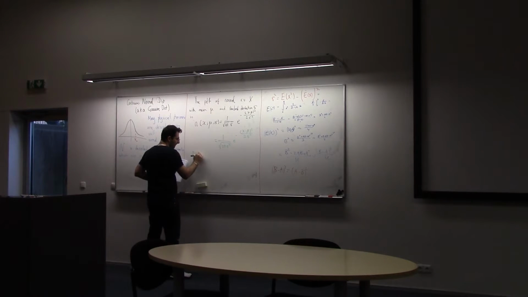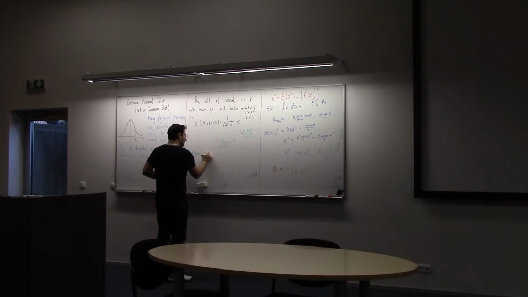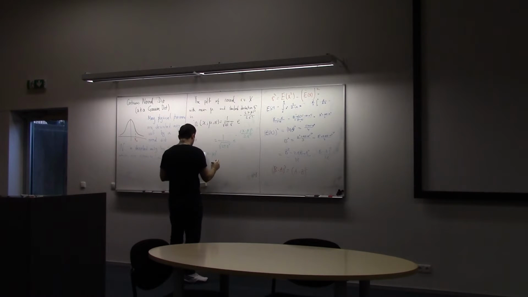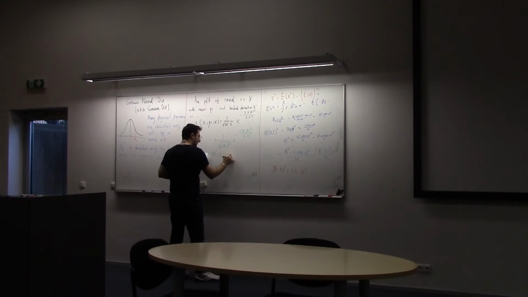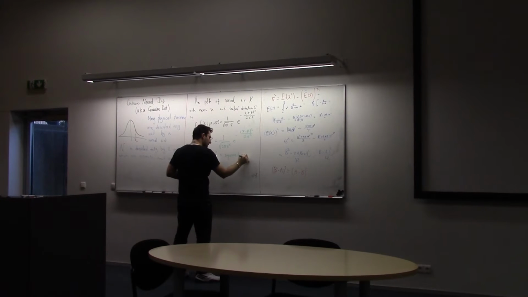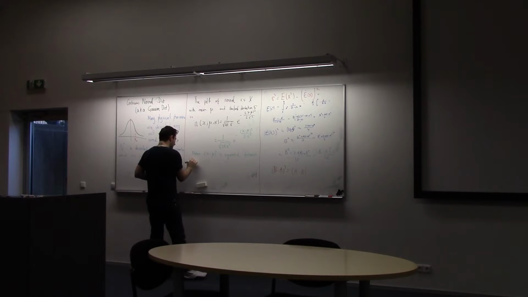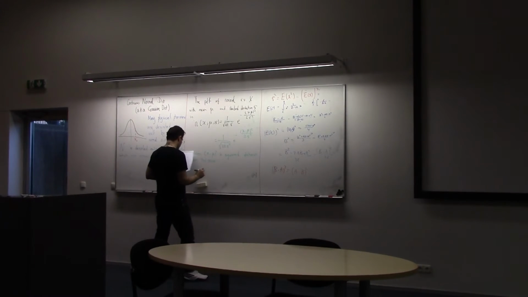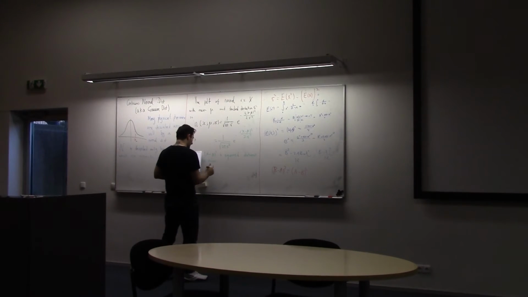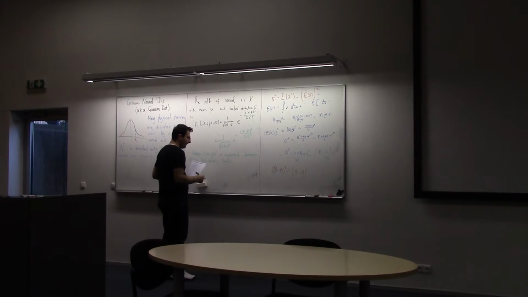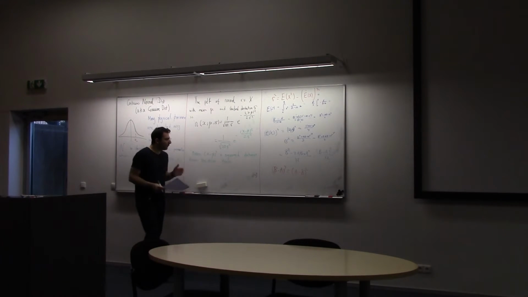Some notes. X minus mu squared, which we have in the numerator of the exponential, is the squared distance from the mean. What will happen?